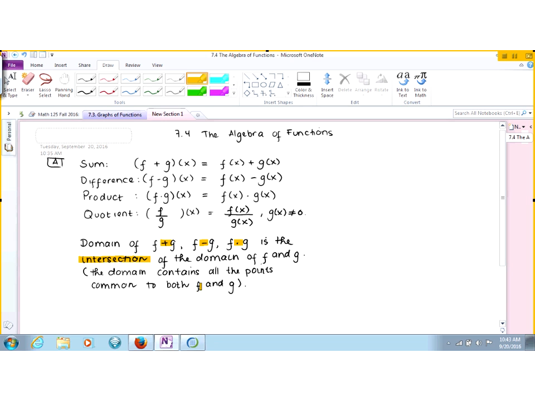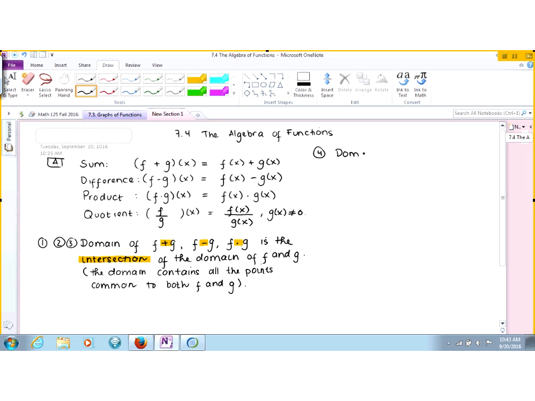And the next one, which one is I don't have here? What operation did I not have here? Quotient. So the quotient you have to also exclude where G of X is 0. Yes. So this is 3 questions. So this is 1, 2, 3. So this is the domain of F plus G, F minus G, F times G.